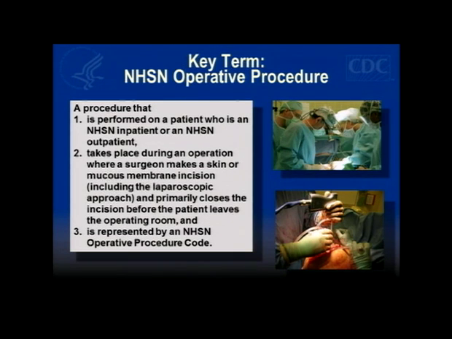It takes place during an operation where a surgeon makes a skin or mucous membrane incision, including a laparoscopic or robotic approach, and primarily closes the incision before the patient leaves the operating room, and is represented by one of the NHSN operative procedure codes that we have in our list.